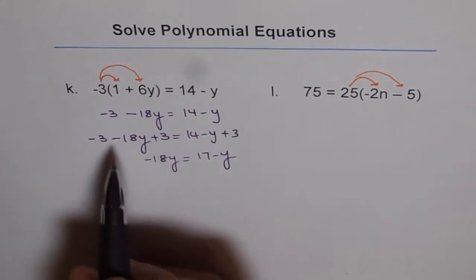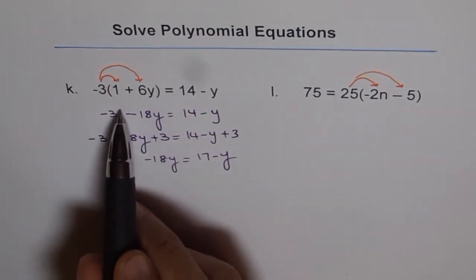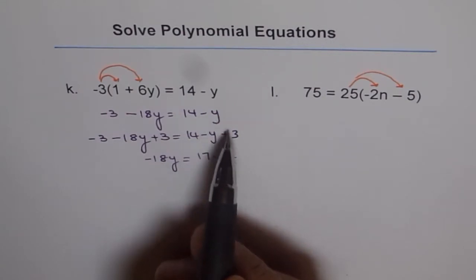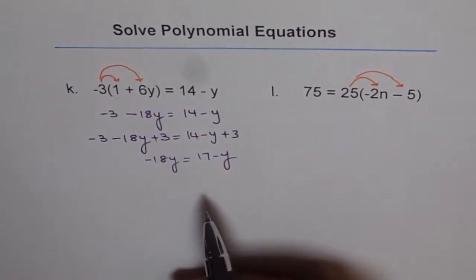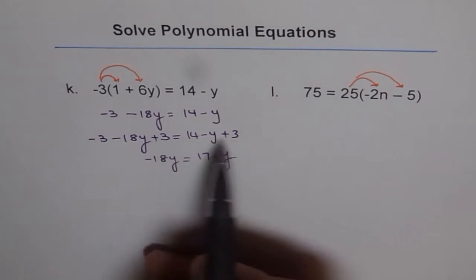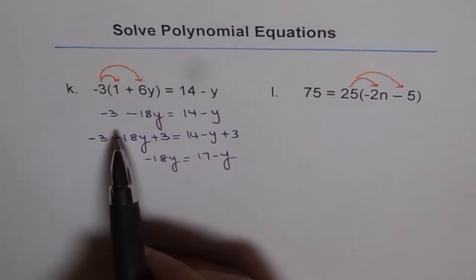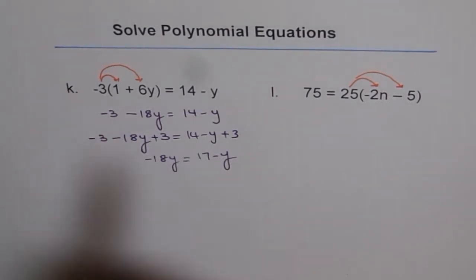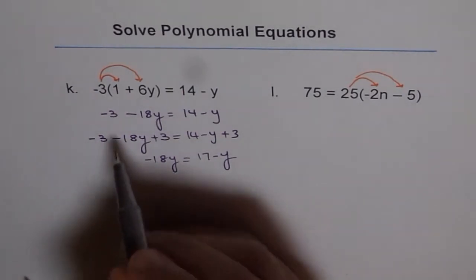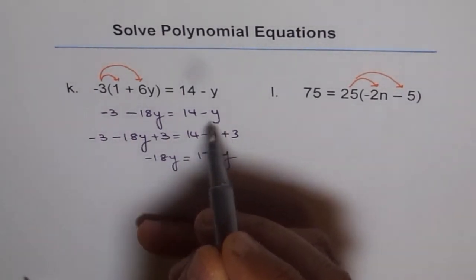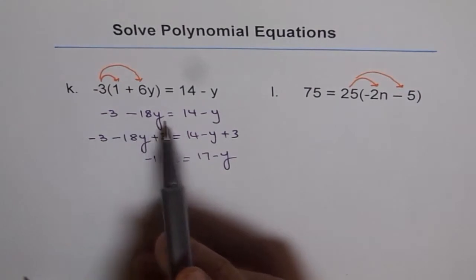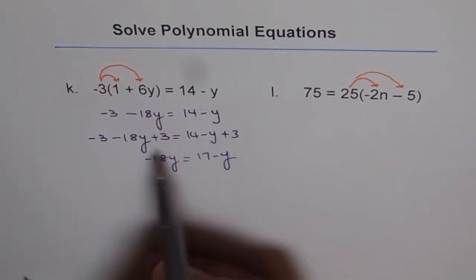So what really happened was this minus 3 was taken from the left side and added to the right side, correct? From the next example onwards, instead of adding 3 to both sides, we can straight away take this step. We can transfer this to the other side, okay? In that case, we don't really have to add 3 to both sides, right?